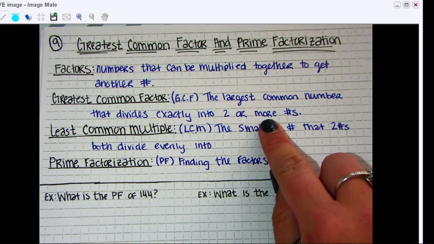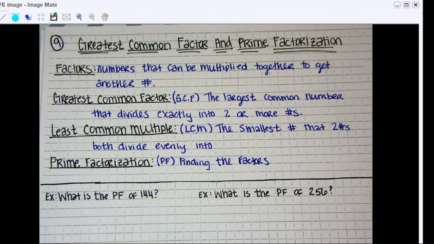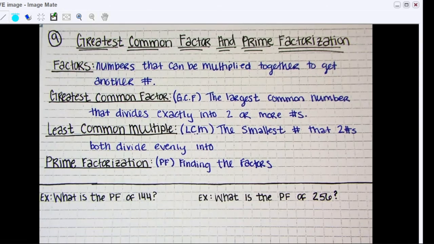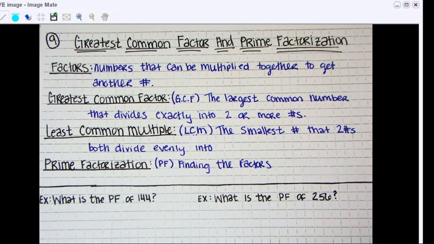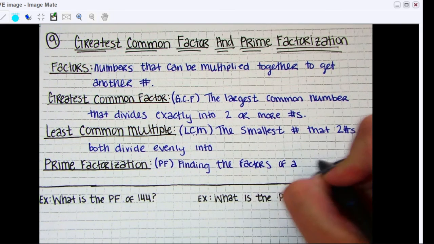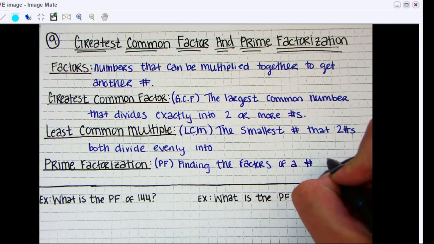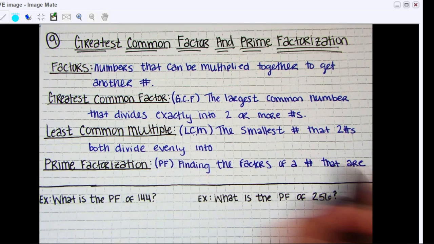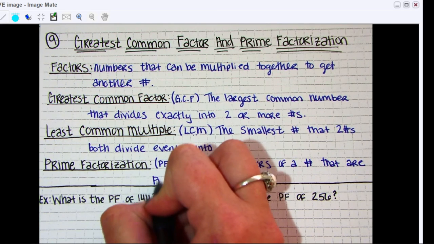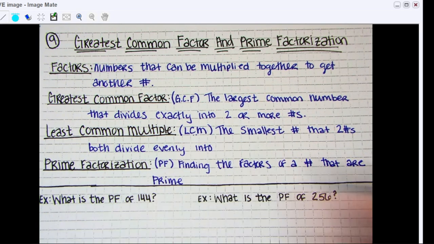The same. 2 or more numbers. Sorry, it's really hard to zoom in and have you see everything. No, I know, but it's fine. So finding the factors of a number that are all prime. So prime factorization is when you break down a number into numbers that are prime that when multiplied together get back to that number.